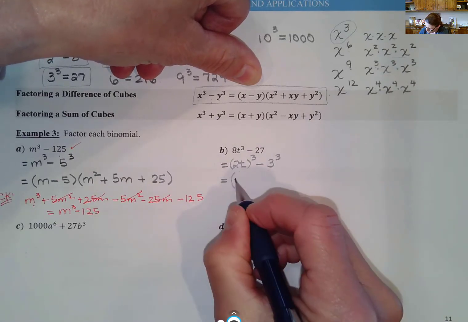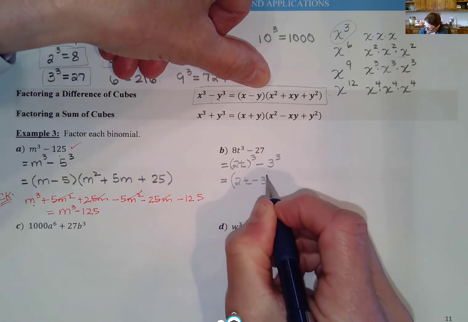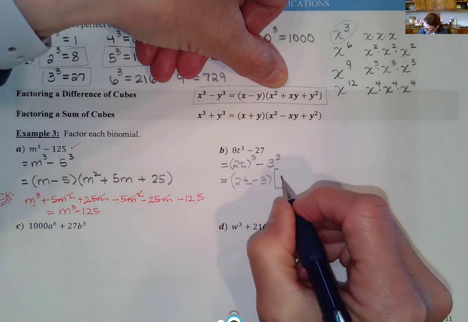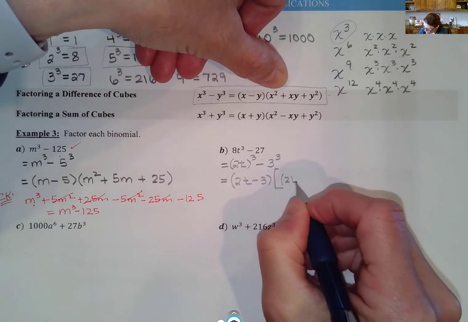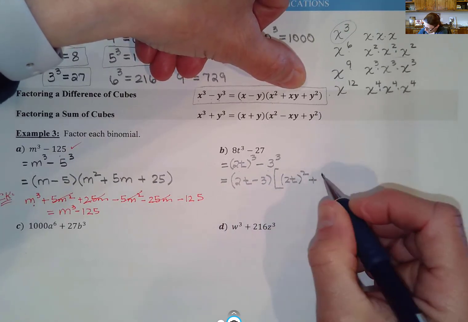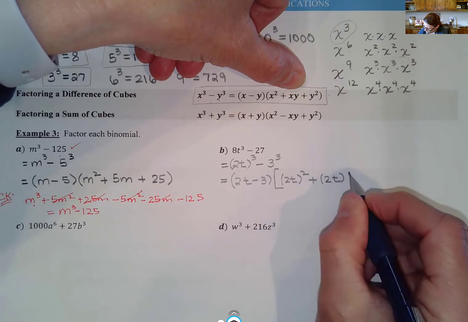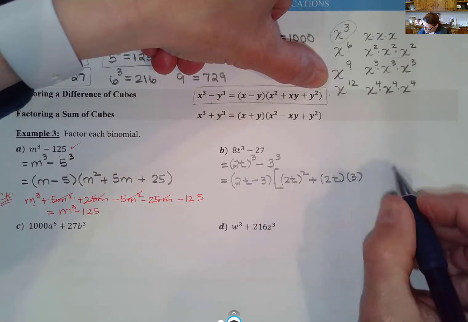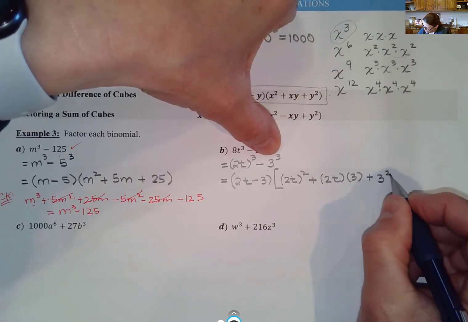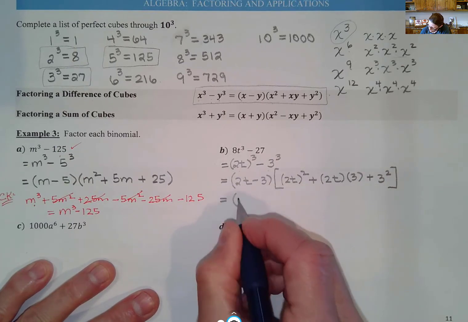So we'll write 2t minus 3 times, okay, x squared, we write 2t squared, plus xy, we write plus 2t times 3, plus y squared, we write plus 3 squared. And then let's just clean up from here.